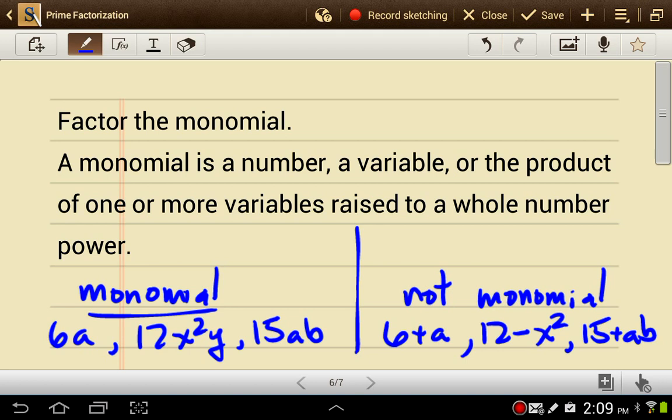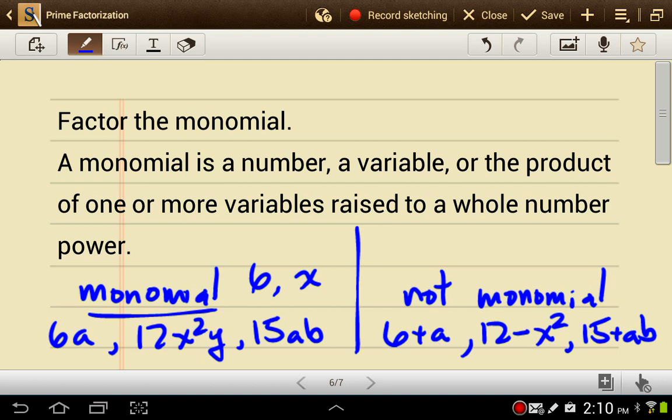Monomial. So monomials all are one term. It's a combination of numbers, letters, and it could just be a number. It could just be a variable. Those are also monomials. So 6 is a monomial, x is a monomial, or a combination thereof. Not a monomial, guys, has a plus or minus sign in there.